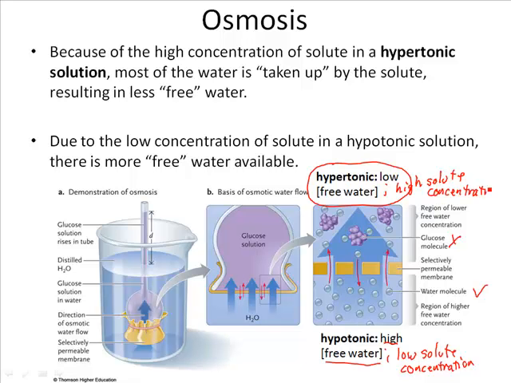Now, because osmosis is an example of diffusion, in this case specifically the diffusion of water, we see that water moves from where there's high concentrations of free water to where there's lower concentrations of free water. Or another way to say that is water moves from hypotonic to hypertonic.